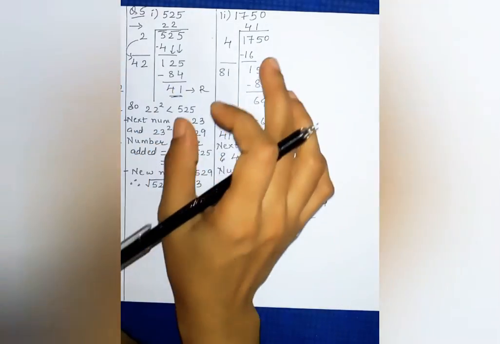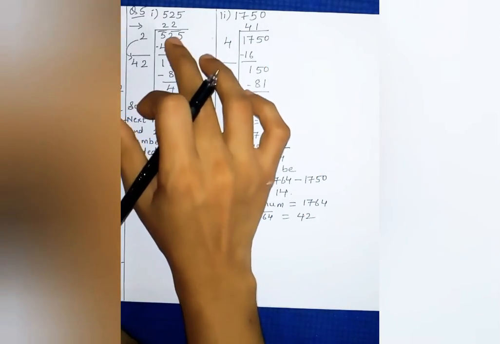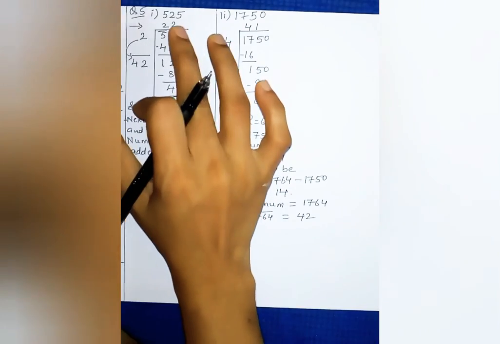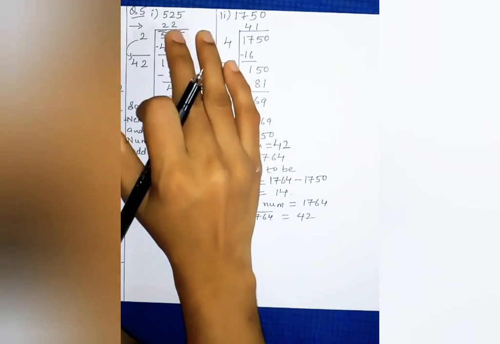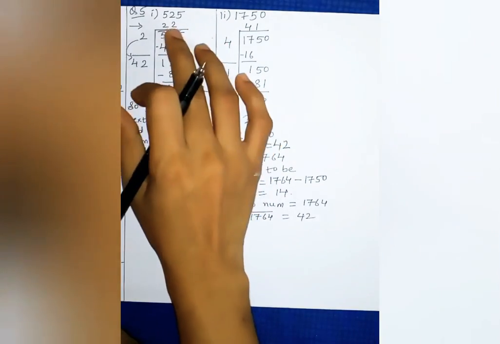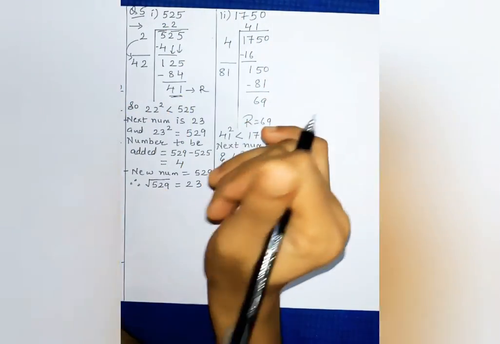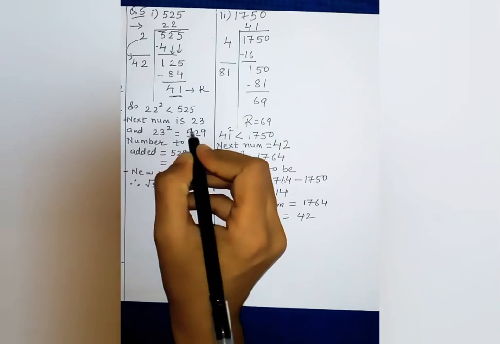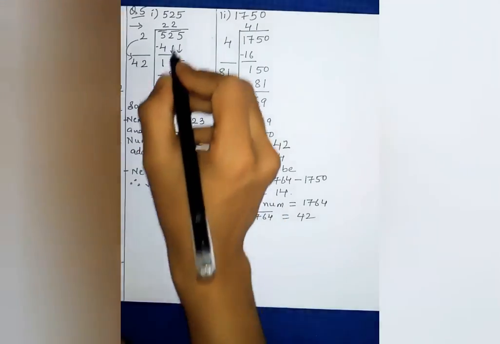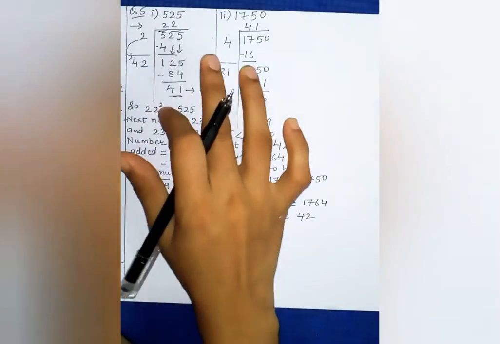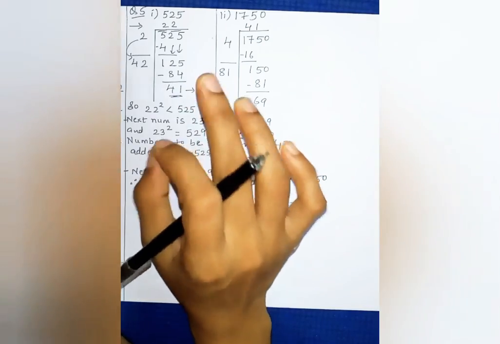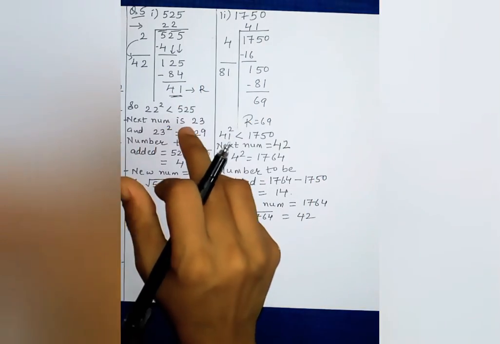Now what will we add to it? The square of 22 is not this. If we add something, it can become a perfect square of the next number, that is 22 plus 1, so it can become the square of 23. So the next number is 23.